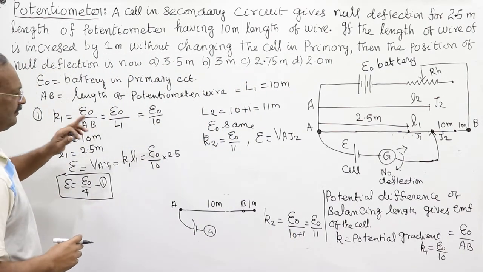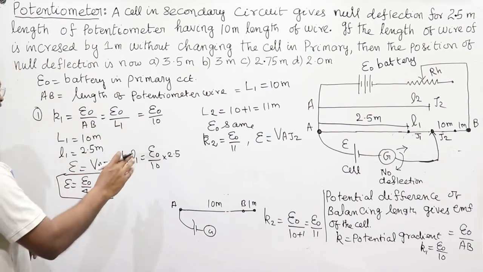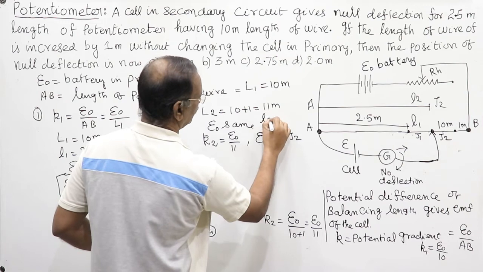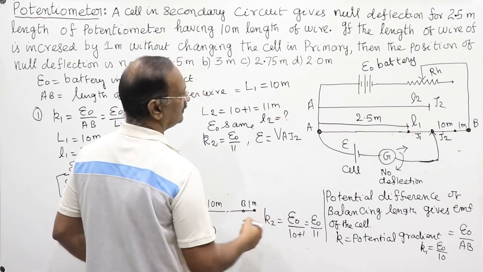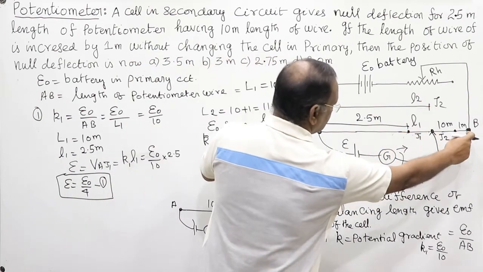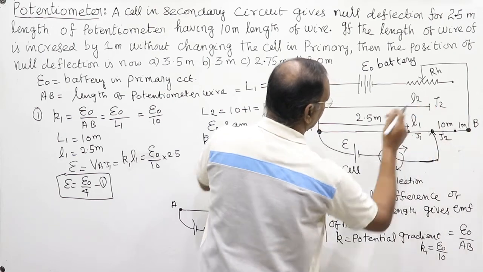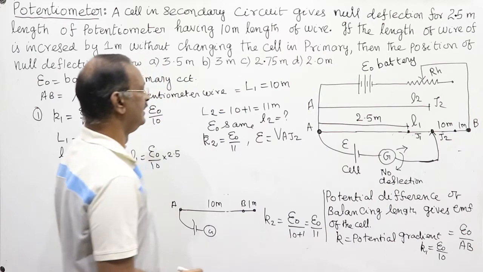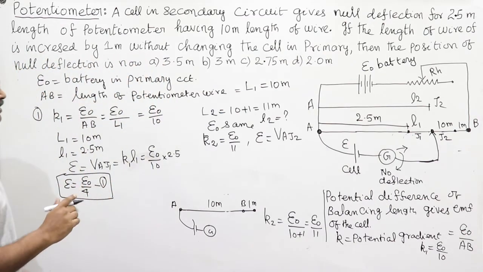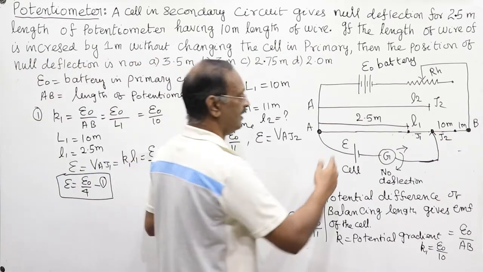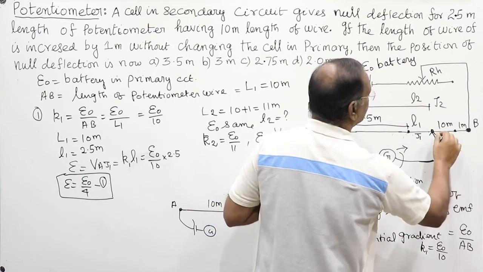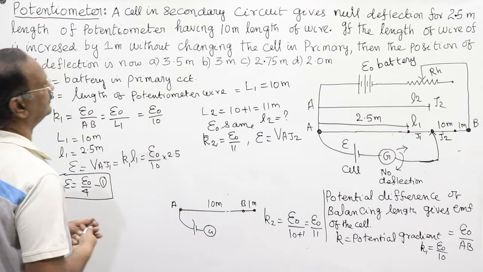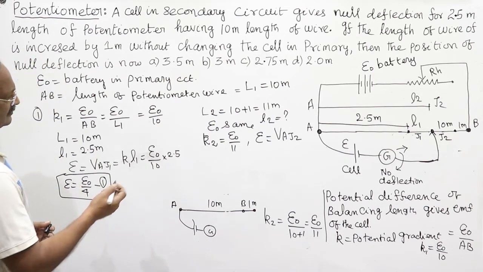So K2 we have found out, epsilon naught by 11, and L2 we have to find out. This is capital L, this is small l. First condition, this is L1, second condition, this is L2. L2 we have to find out, the balancing length after changing the length. So what is E?